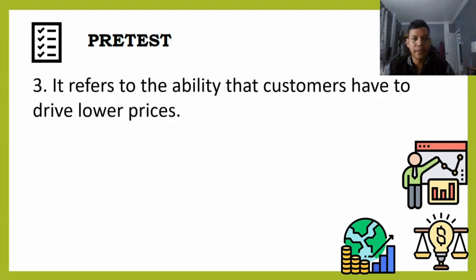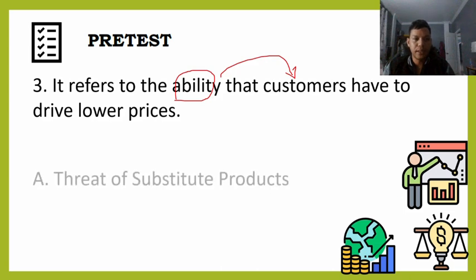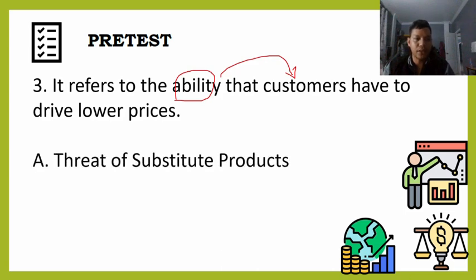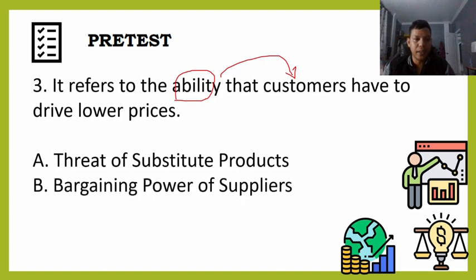Let's proceed to question number 3. It refers to the ability that customers have to drive lower prices. A. Threat of substitute products. B. Bargaining power of suppliers. C. Competitive rivalry.